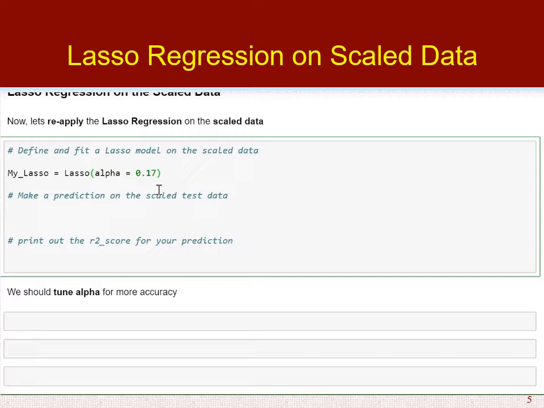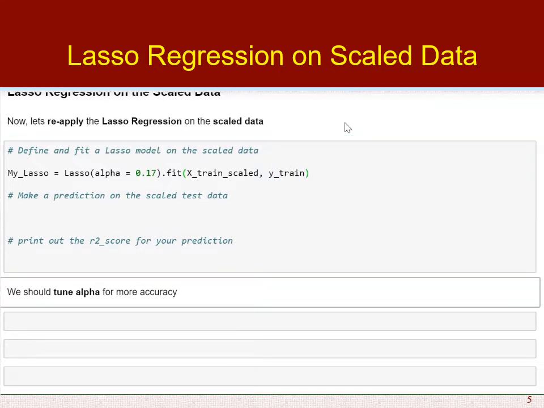We can play around with it and find an optimized value. So let's also train our data in the same line. I'm going to give it the training data set, and we have to use the scaled value and the Y train. So as you see here, we do not scale the target variable.